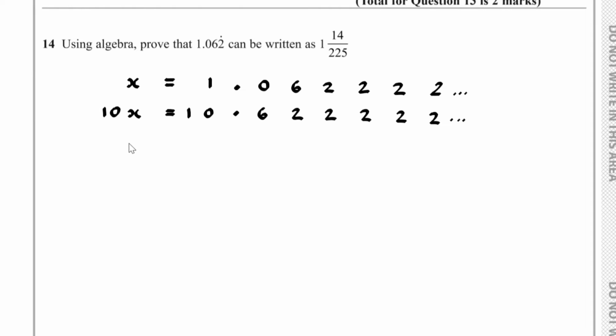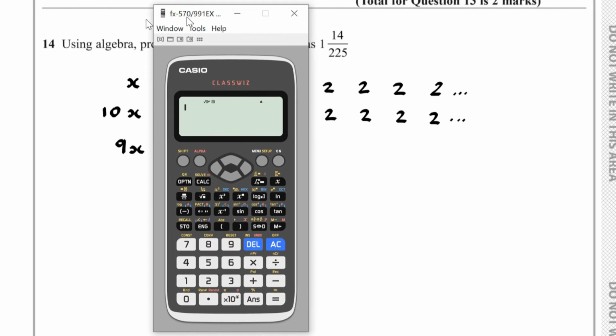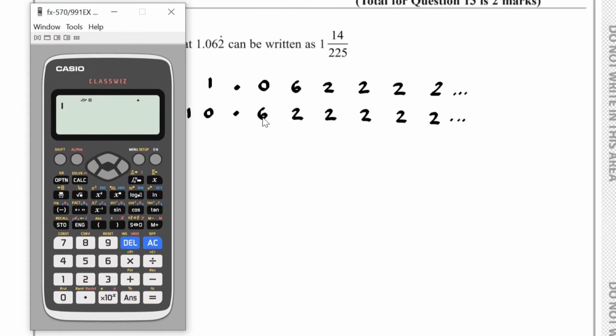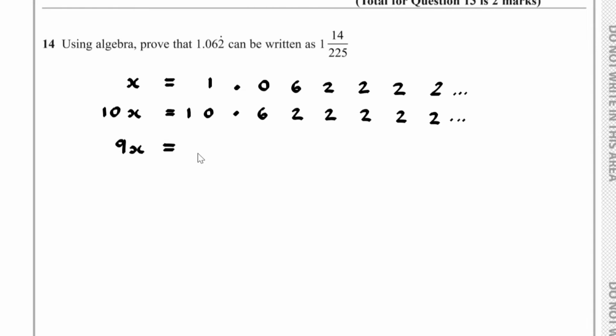So now what we can do is subtract these. And if I subtract these, 10x take away x, that's 9x. So we have 9x equals, well here we've got the 10.6 to subtract the 1.06, which is 9.56.